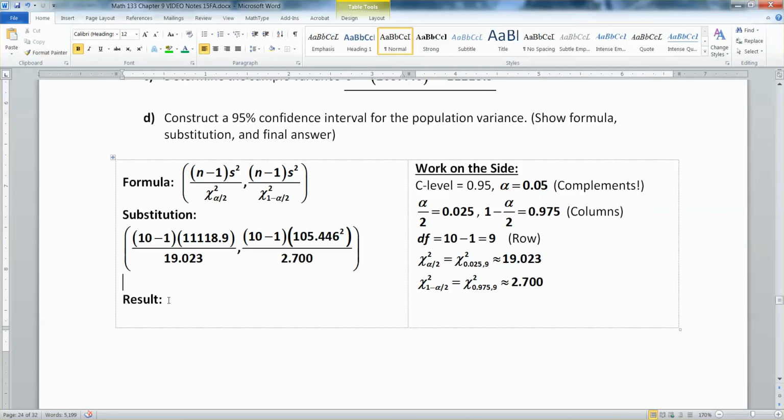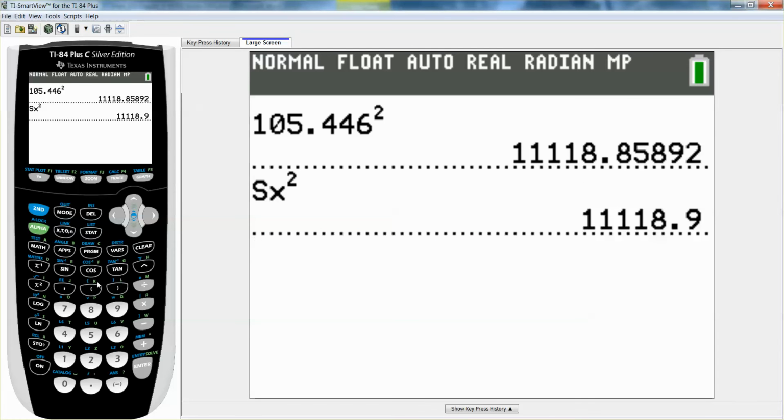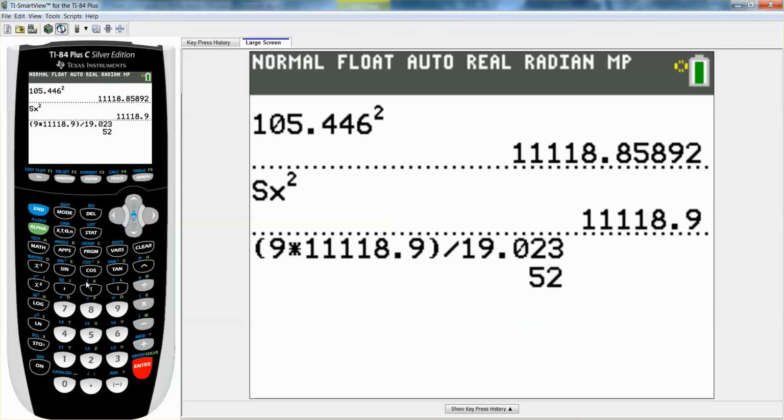Now we just have to go type those into a calculator. Okay, so I think what I'll do is I'll do the numerator part first. So remember, it was 9 times 11118.9. Divide that by 19.023.